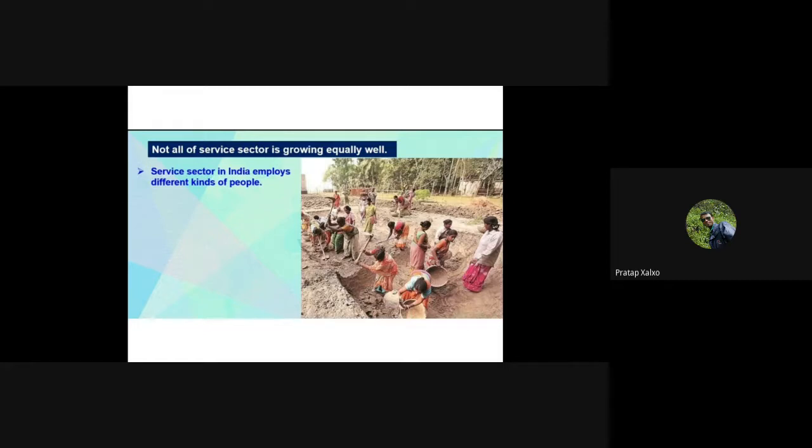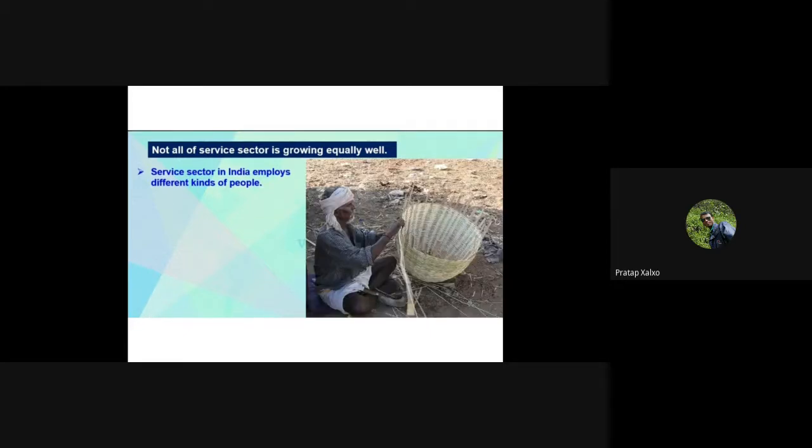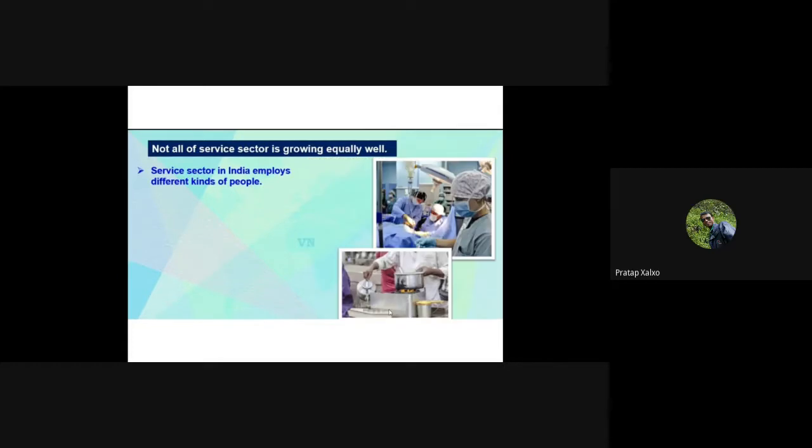Then the semi-skilled, people who can develop skills within a week and start working, like making baskets. Then there is skilled, the people who require at least a year to develop those skills. And highly skilled, like engineers, doctors, scientists, come under that category.